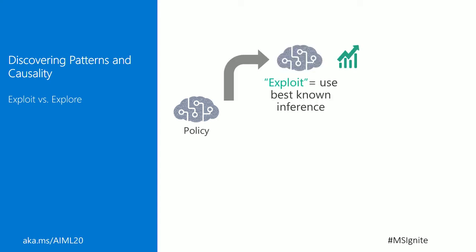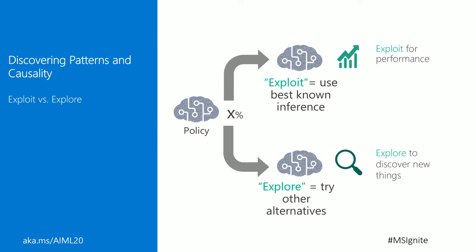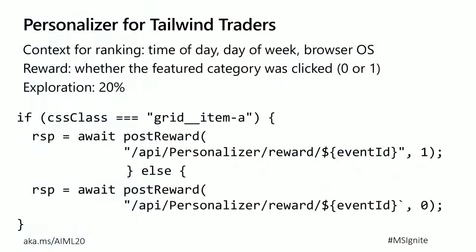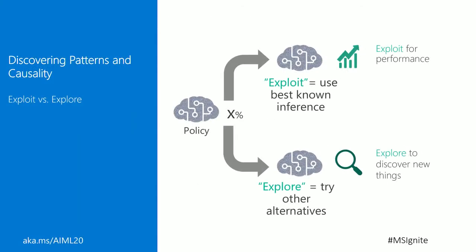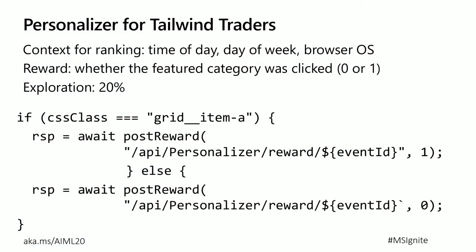But sometimes it enters something called explore mode and presents the user with new things they may not have otherwise seen. And it's kind of like an automated A/B test system, but with more than 2 branches and all being tested in real time. So you control what the percentage is of the time that the explore mode is activated, and that controls how often the user will see new things they haven't otherwise seen.